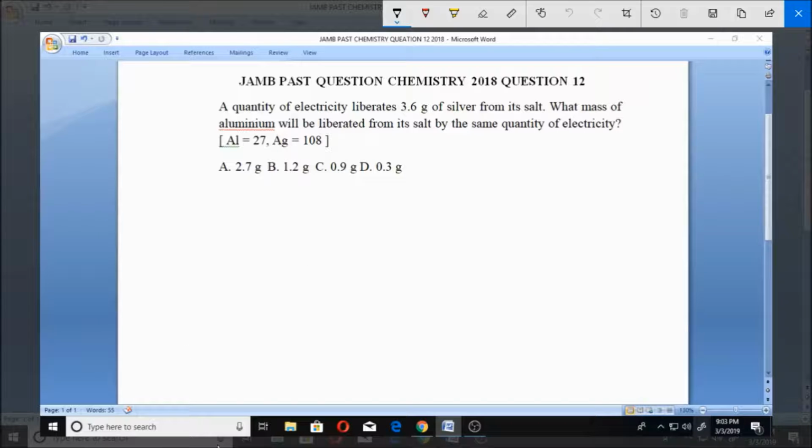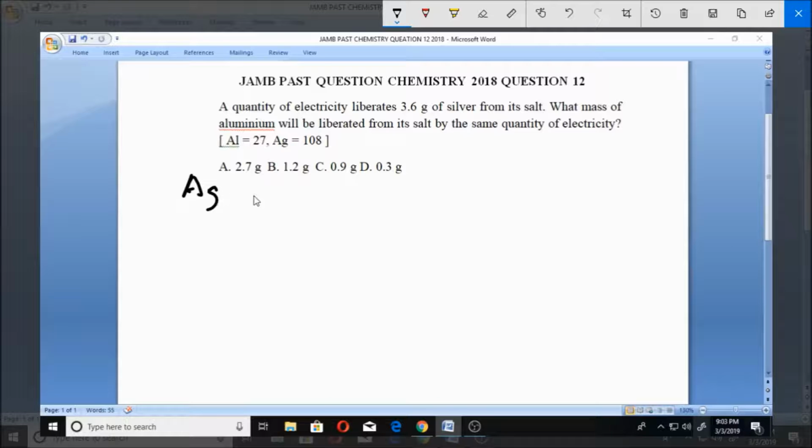Now, whenever you want to solve the problem of electricity and deposition of metals, first of all you need to know the number of valence electrons, or the number of electrons needed for such a reaction to occur.